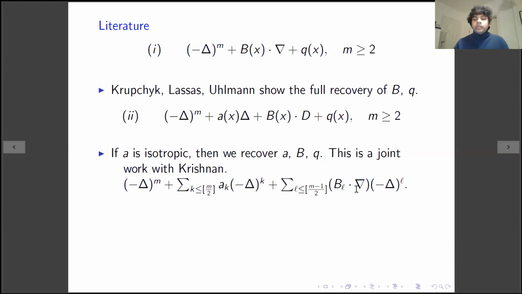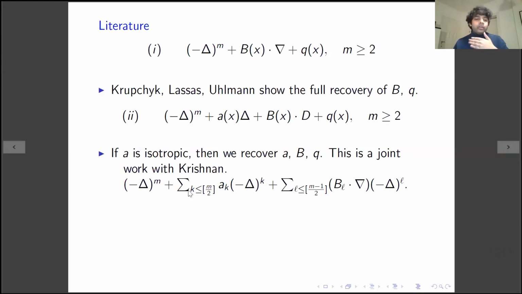And if it's odd, then we are assuming this is a first order vector coefficient. So B_l is a vector and this A_k is a scalar. If your operator is of this kind of formulation, or if you put m as 6, 7, 8, whatever, any higher number, you can allow not only 2, but up to m/2.